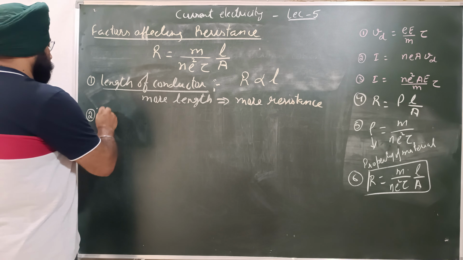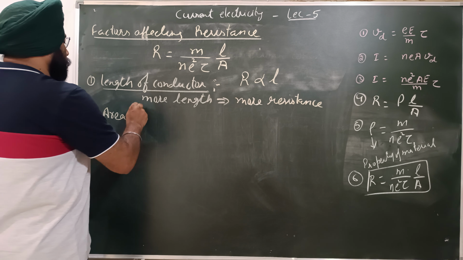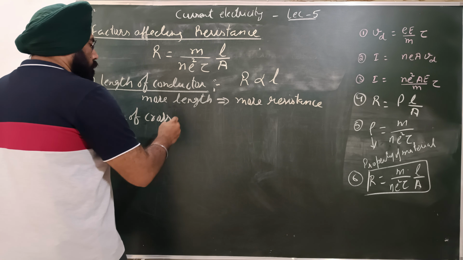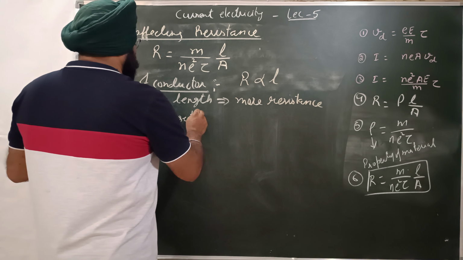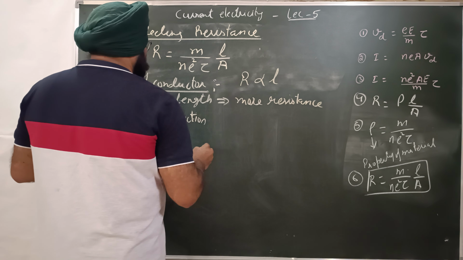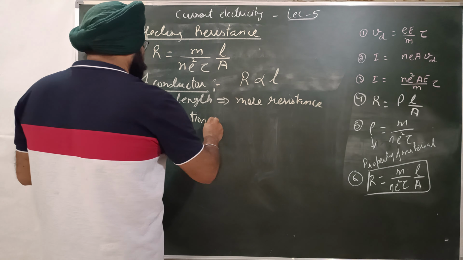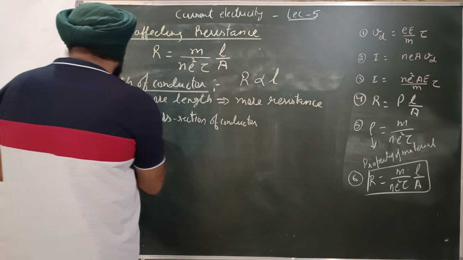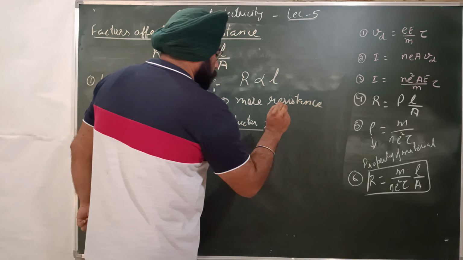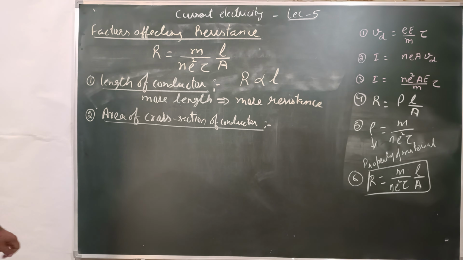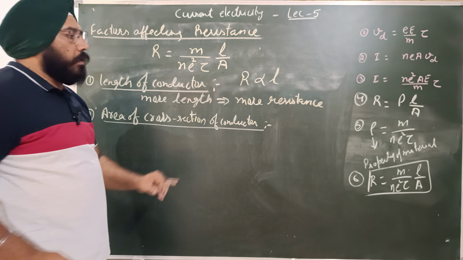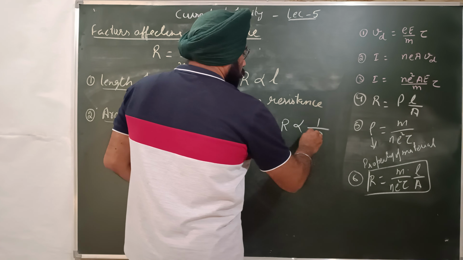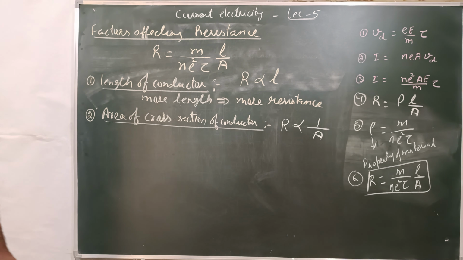Second is the area of cross section of the conductor. Clearly from the formula, resistance is inversely proportional to the area of the cross section.